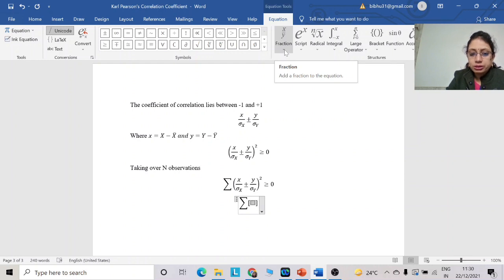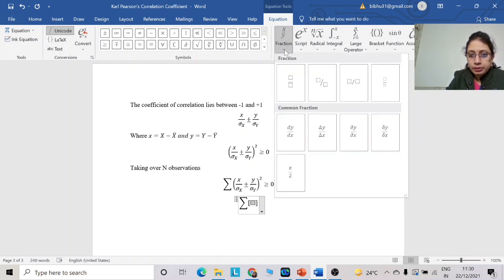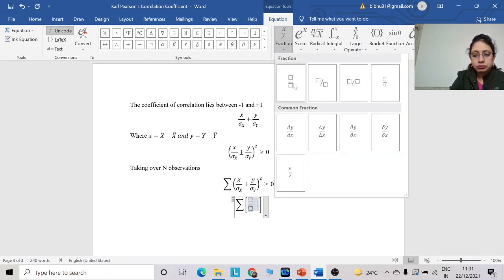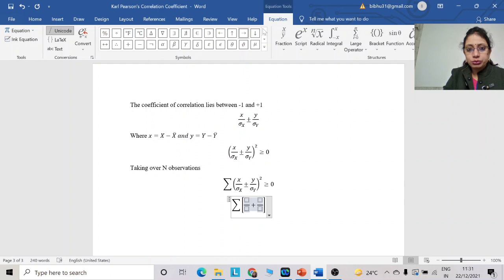Here a square is x by standard deviation of x whole square, plus b square, that is y by standard deviation of y whole square, plus minus 2ab.